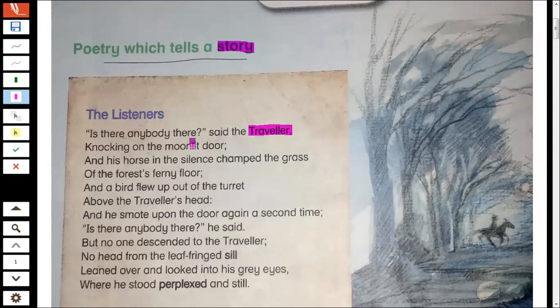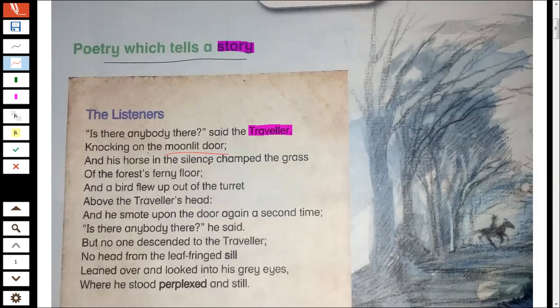The moonlit door. So that shows, what time is it right now? Yes, as you suggested, it is night time. How could I know that it is night time? By the reference of the moonlit door that shows a setting.